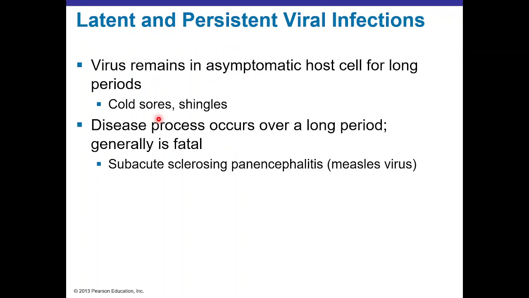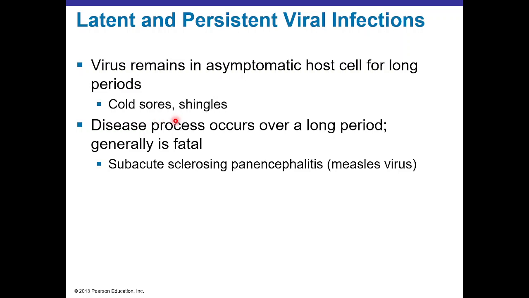Now, viral infections can be acute, in which the infection lasts for a certain period of time and then it's basically gone once the virus is killed by the host cells or the immune system of the host. But we can have viral infections that persist, that we know as latent.